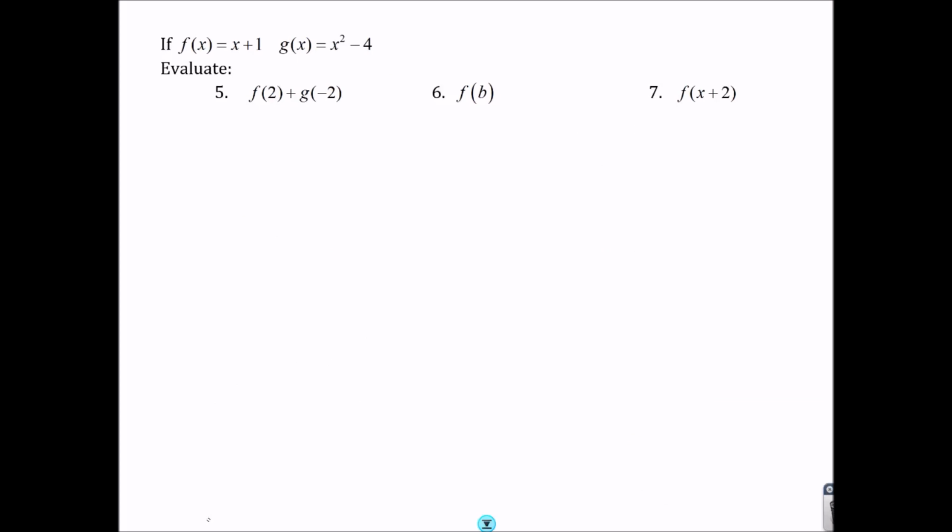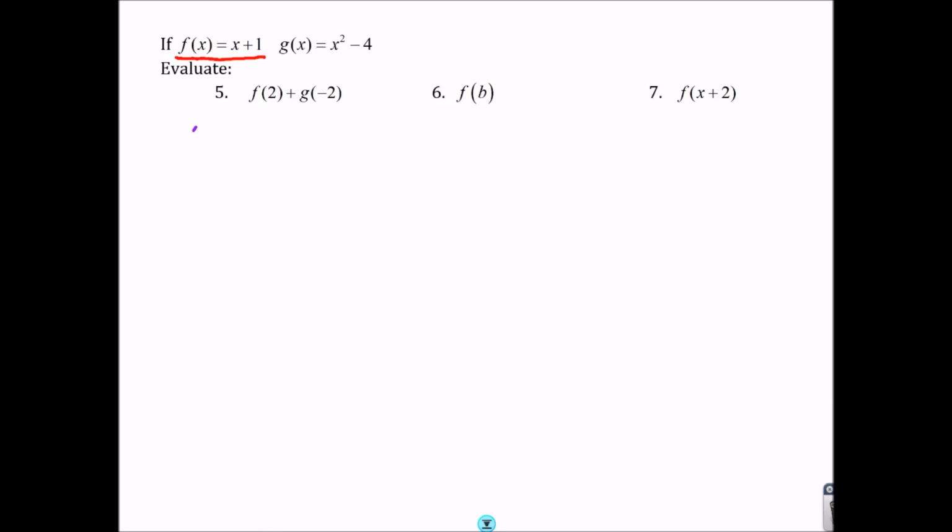Now we're going to look at evaluating functions, and this will lead us into compositions. First, we're going to take f of 2 and add that to g of negative 2. So f of 2 means we're going to take f of x, which in this case is x plus 1, and we're going to plug 2 in for x.